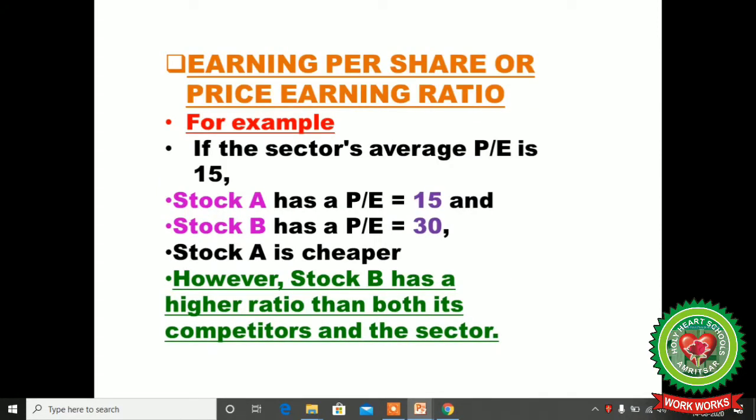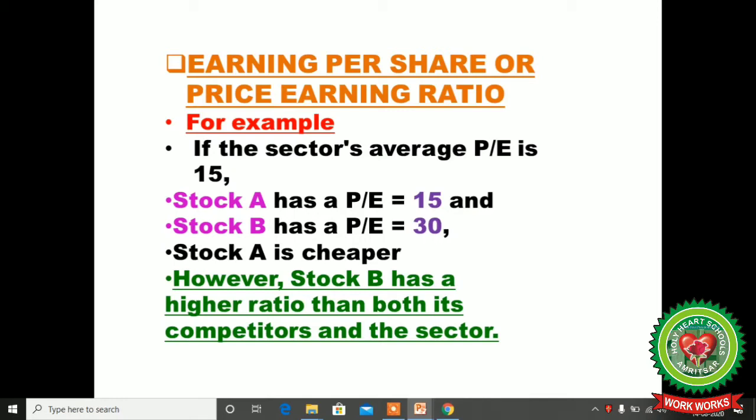Now the next ratio, earning per share. From the name it is clear, earning per share means what is the earning per share? Per share means this unit is available, okay, or the second name, price earning ratio. For example, if the sector's average price earning is equal to 50, so here the standard is set at 15, and stock A and stock B are available.